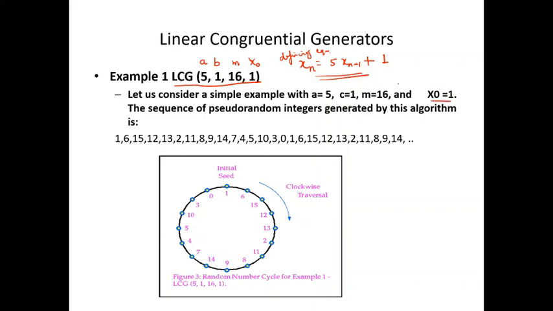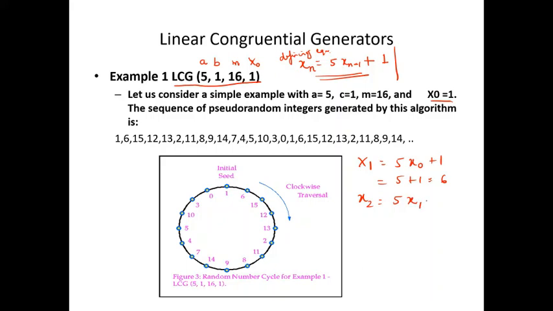X naught, the seed value is given, right? So you start off by considering, in the first place, you write x1 will be 5 times x naught plus 1. And what was x naught given as? 1. So it will be 5 plus 1, 6. That is x1. What will x2 be?